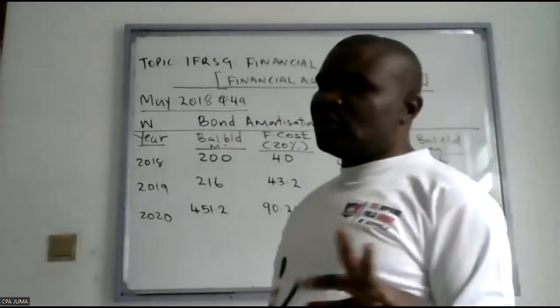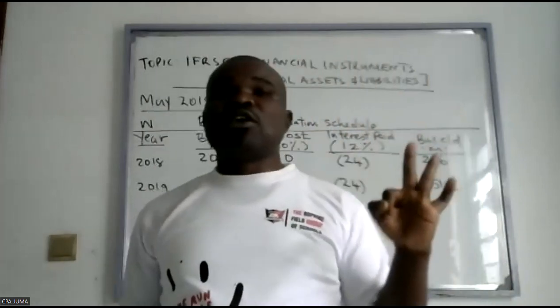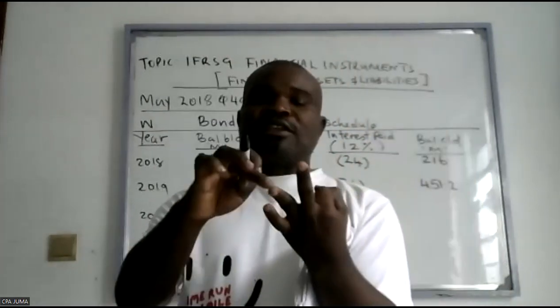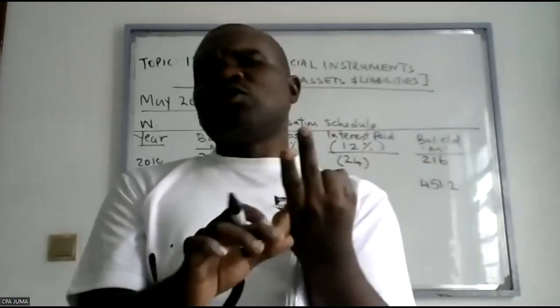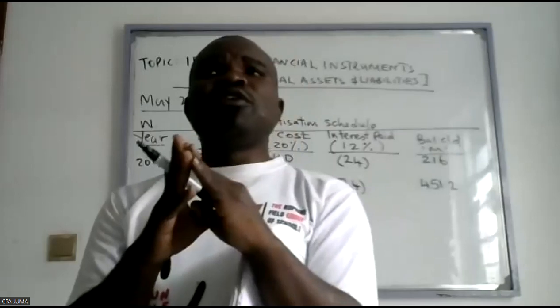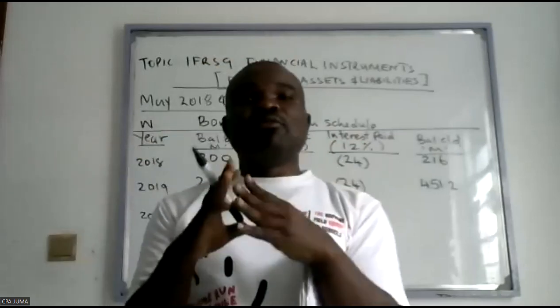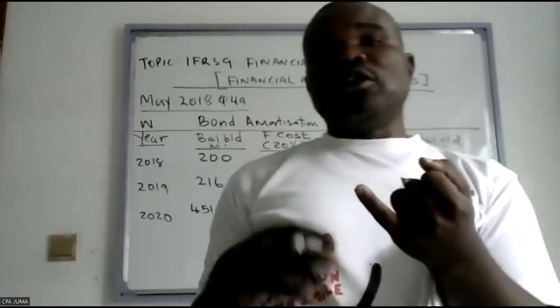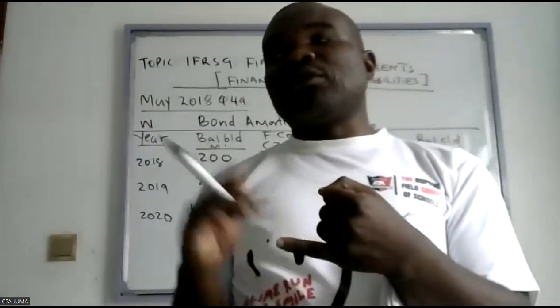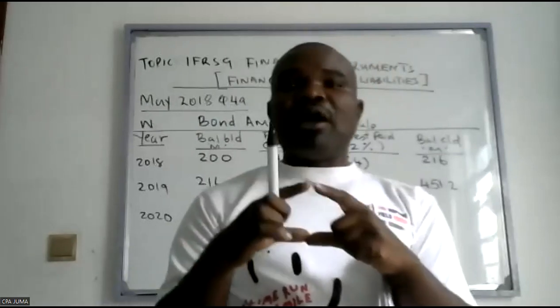Redemption can take 3 phases. You can redeem at par, at a discount, or at a premium, depending on the agreement. But discount, no, unless they were giving you exaggerated interest. In most instances, if you negotiate a lot, it can be at a premium. But mostly, redemption is always at par value.